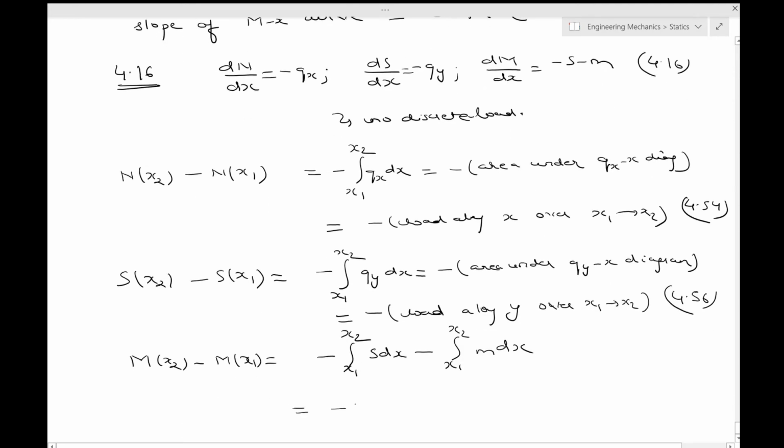This is minus the area under the S-x and m-x diagram. Sorry, this was 4.55.